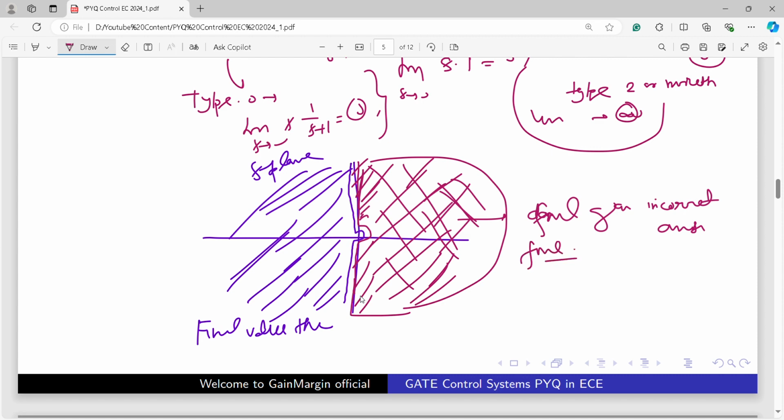It includes the j omega axis excluding the origin, and completely the right side of the s plane. In this region we cannot apply the final value theorem, and in the left of the s plane, and if a pole lies at the origin, it gives the correct answer. So hope you understood. That's all. Thanks a lot.